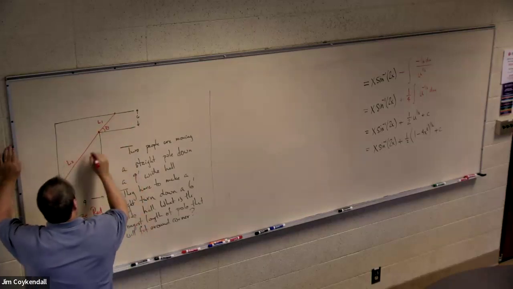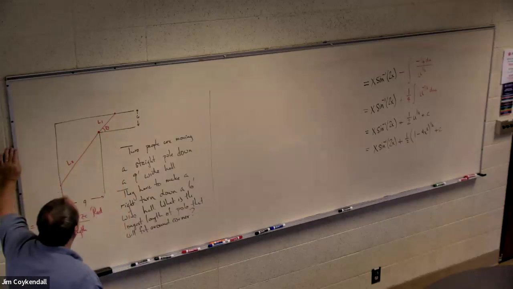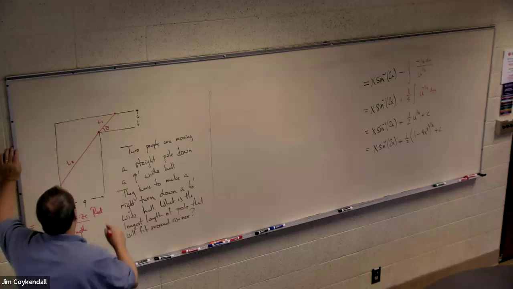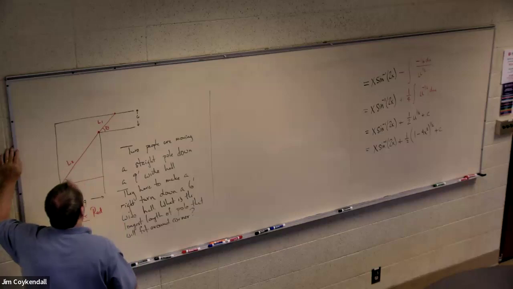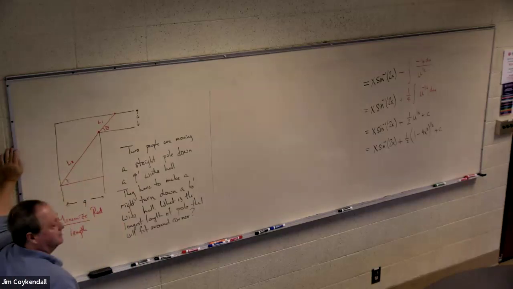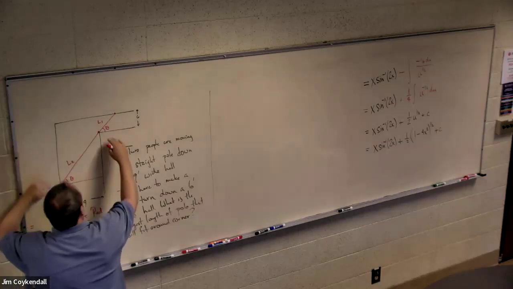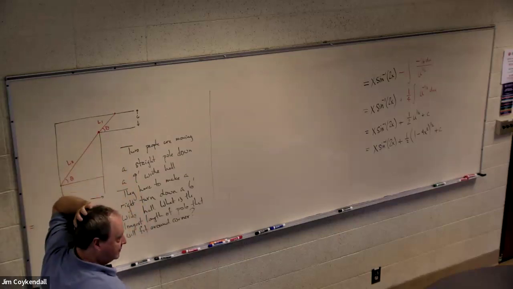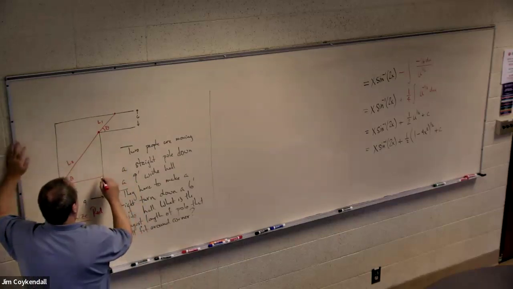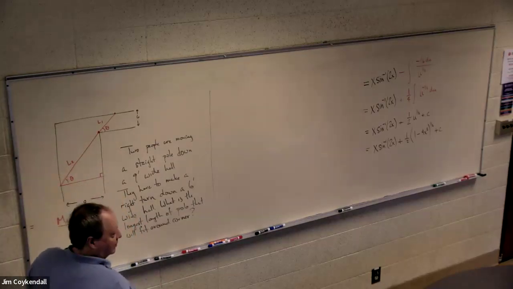And I'm going to call this L2. That's the length of the chute right here. What's this angle here? It's the same as theta, right? Because these are two parallel lines cut by a transversal. There's other ways to do this, but these two angles are the same. Okay.